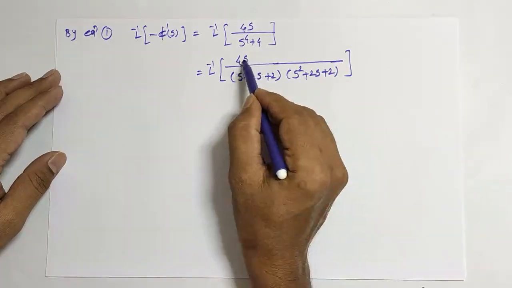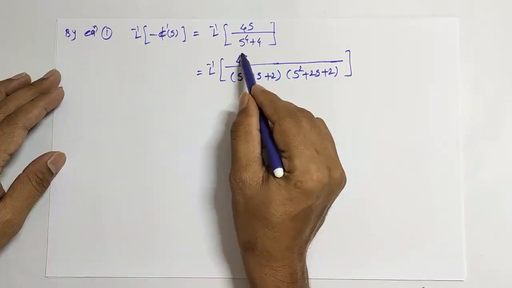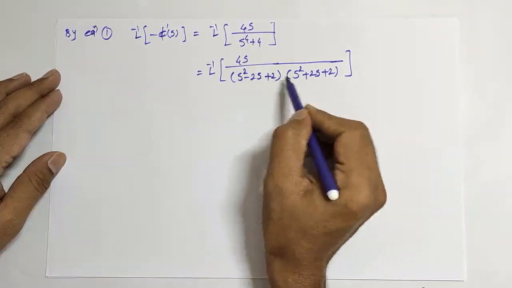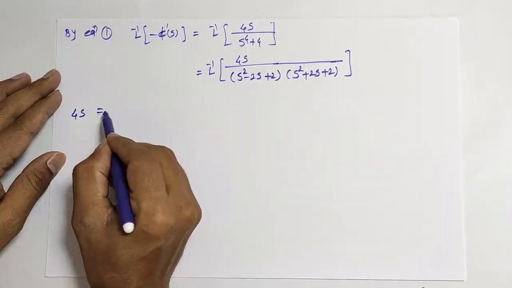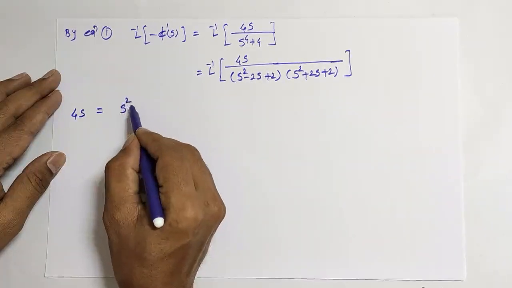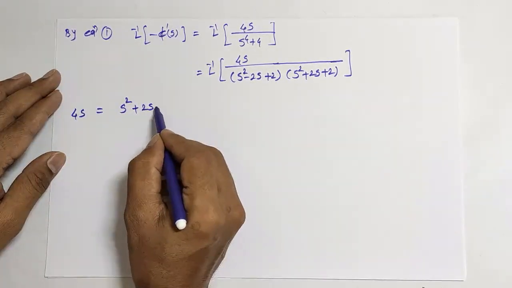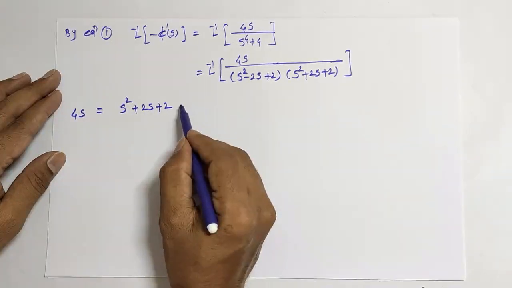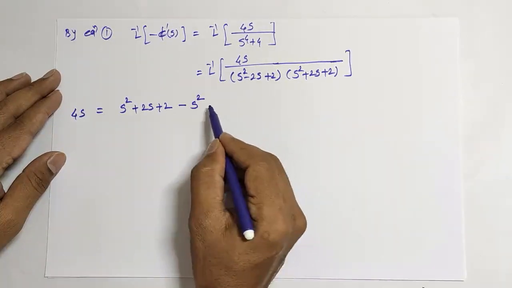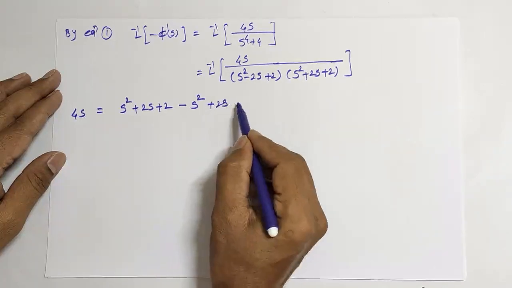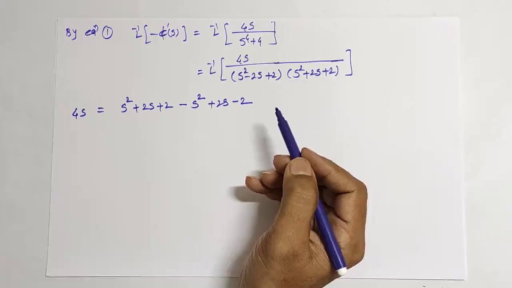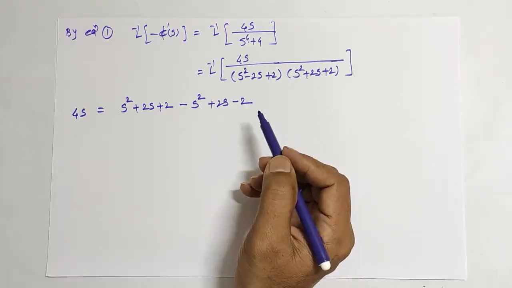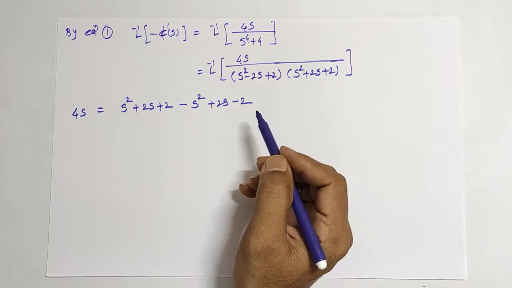Okay. So यहाँ पे जो न्यूमरेटर में जो 4s है उसको हमें we can write it like this. 4s is equal to (s square plus 2s plus 2) minus (s square minus 2s plus 2). Okay, so it is nothing but some adjustment part is there here.